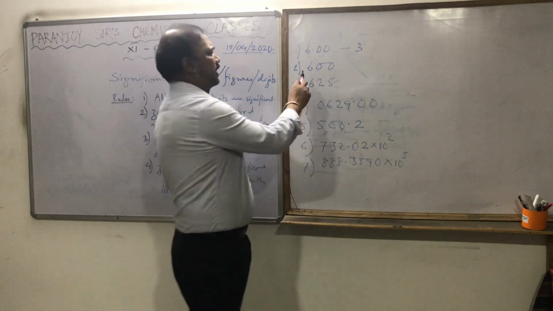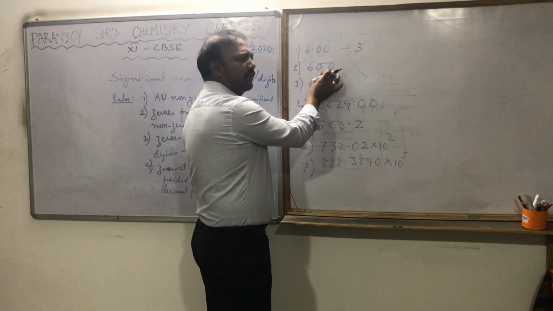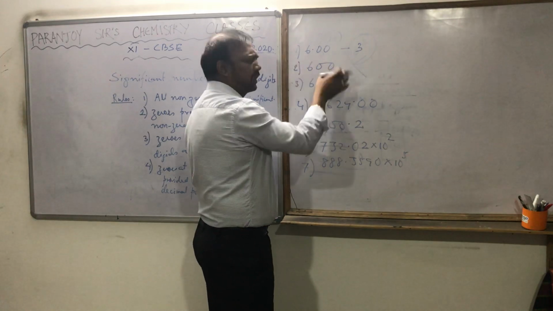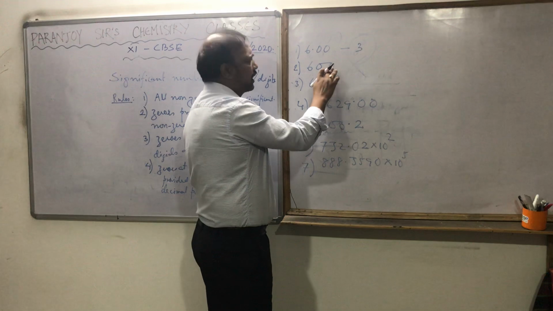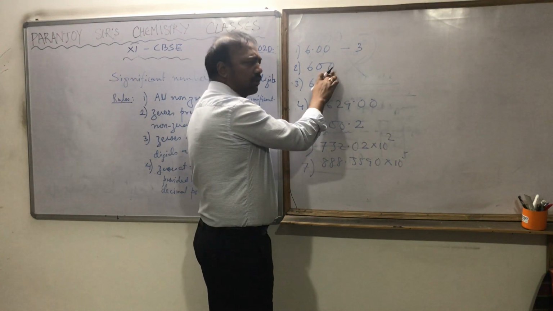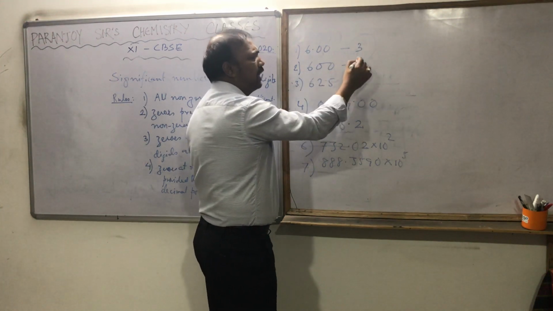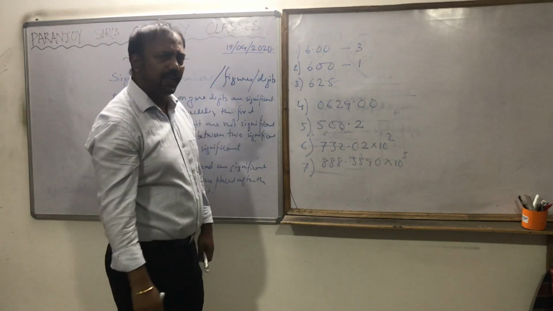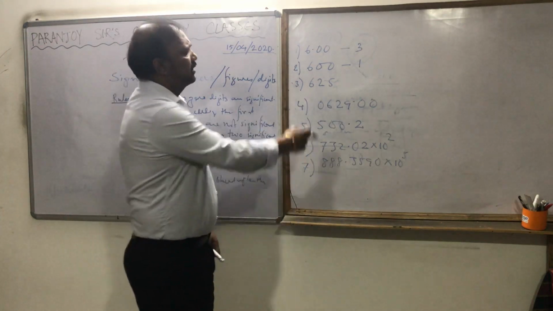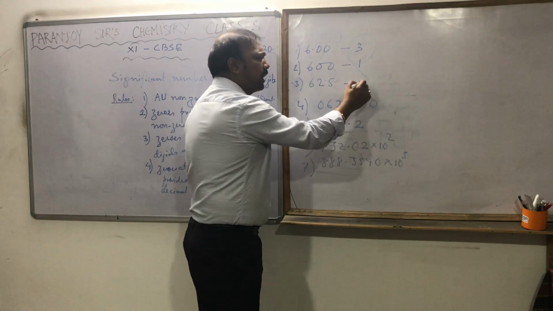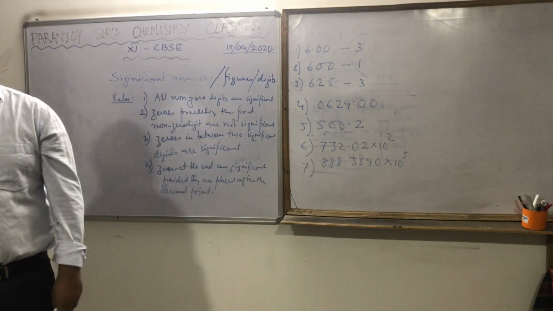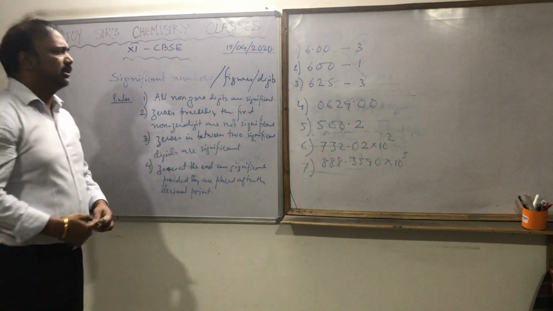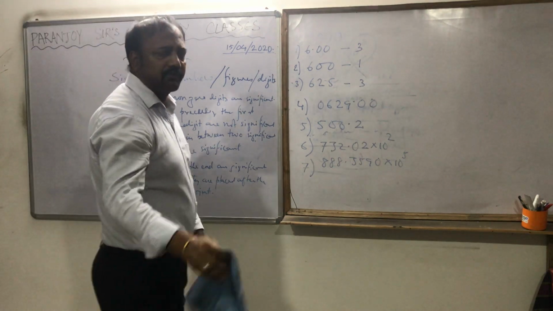Next one, 6 is significant, but are these zeros significant? No, they are placed at the end, but not after the decimal point. There is no question of it being significant. So how many significant figures are there? Only 1. Okay. How many significant figures are there? Obviously 3. Remaining, you please try. Okay. Fine. So is it clear about the significant figures?